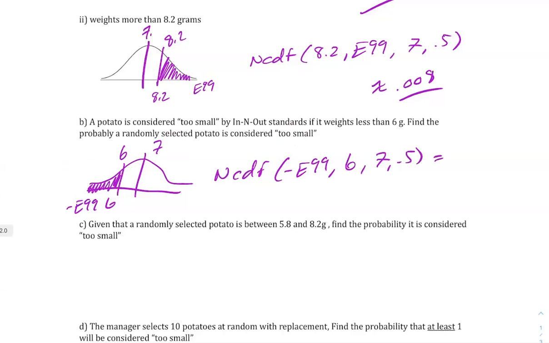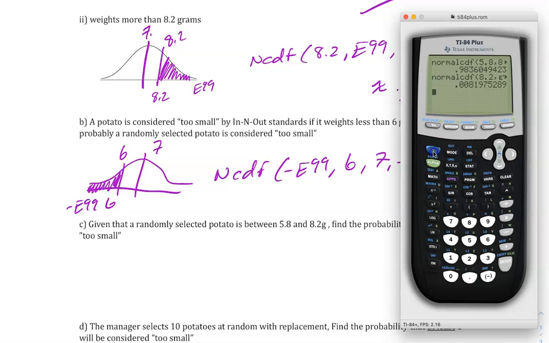Plug that in. We're going to use the negative, not the subtraction sign. E99, 6. Everything else stays the same. 0.0228, 3 sig figs.